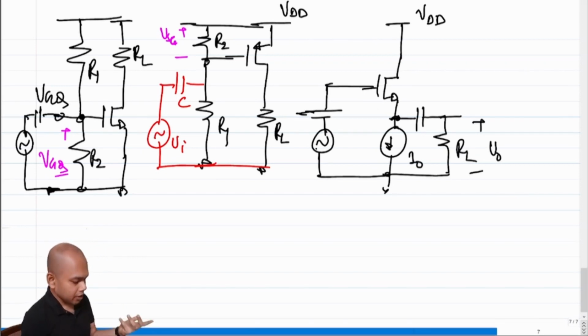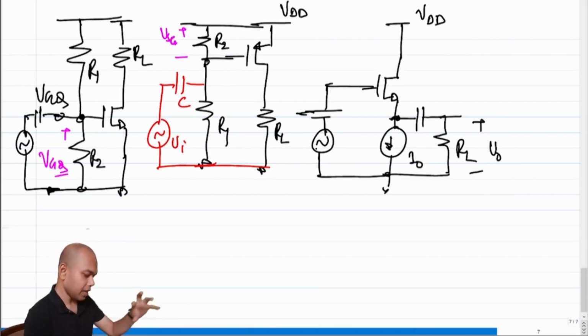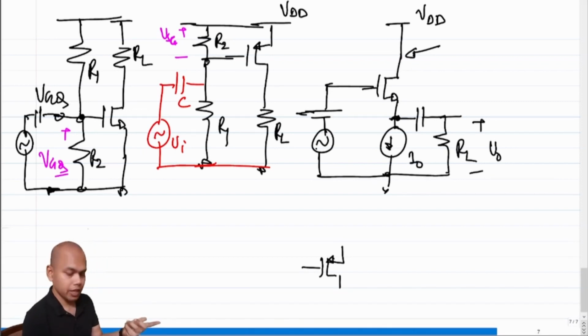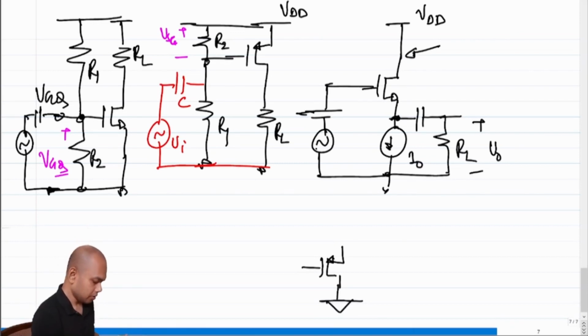So what will be the common drain amplifier with a PMOS? Basically the same thing, but everything flipped. Instead of the NMOS, we put the PMOS. The drain of the NMOS is connected to VDD. Here the drain of the PMOS will go to ground.